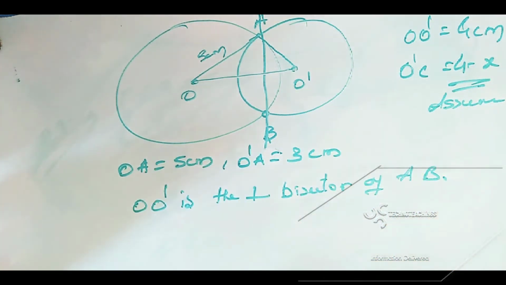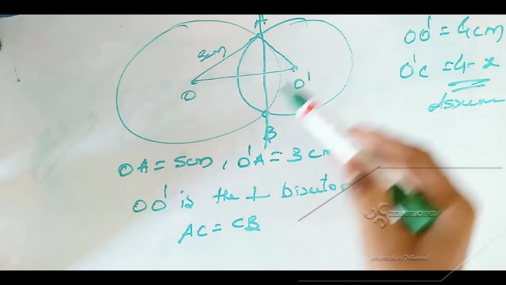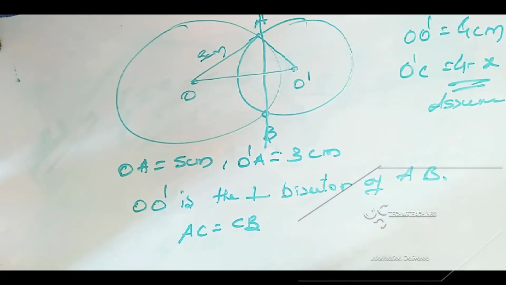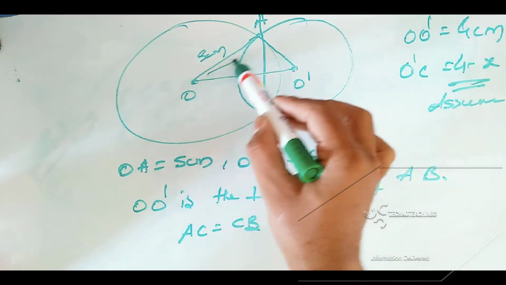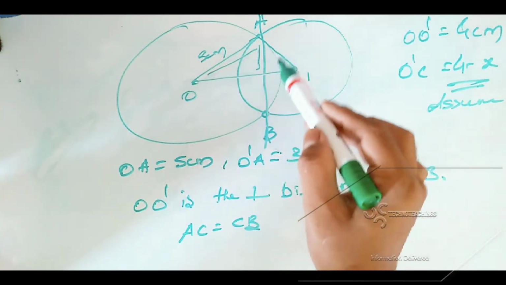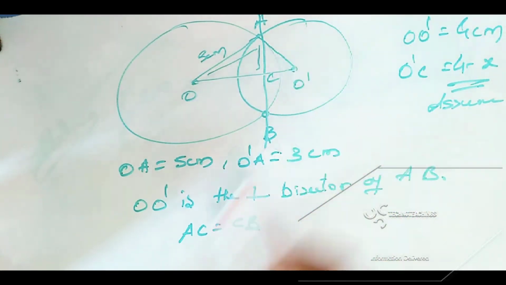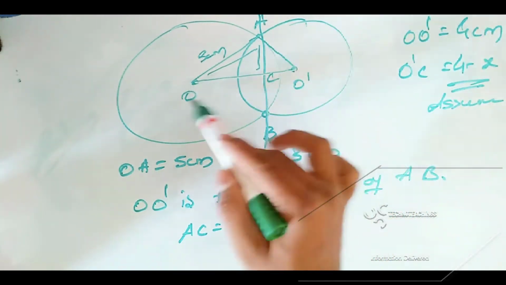So now, as per the expression AC equal to CB, I am going to use the Pythagoras theorem for this triangle OAC.